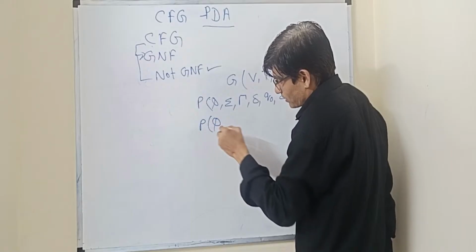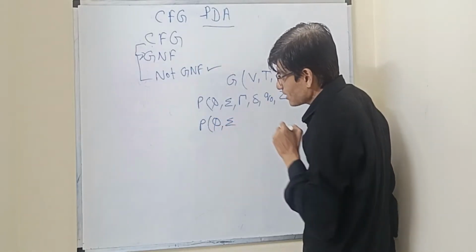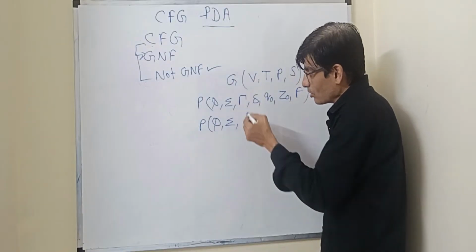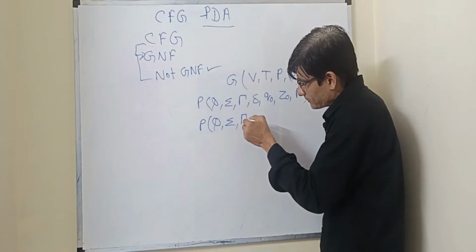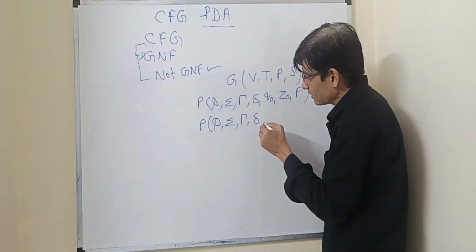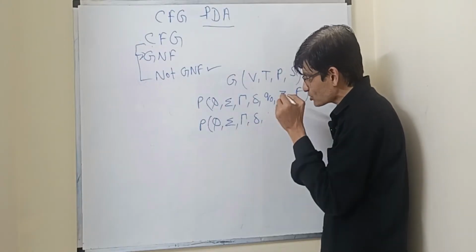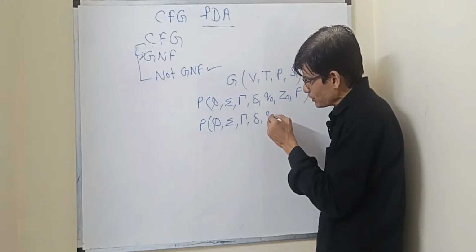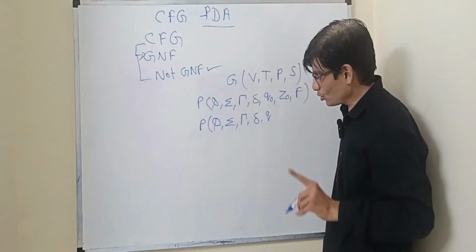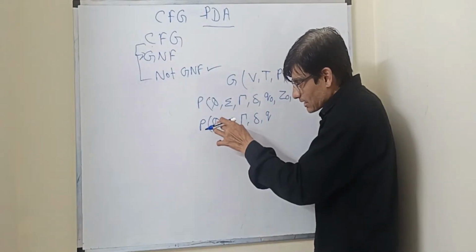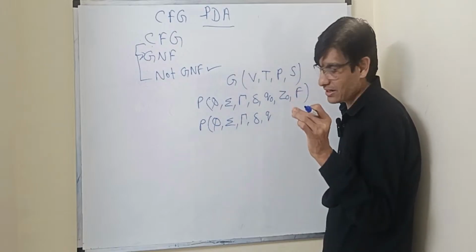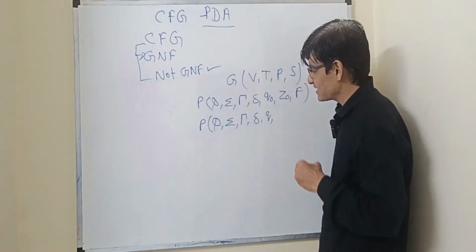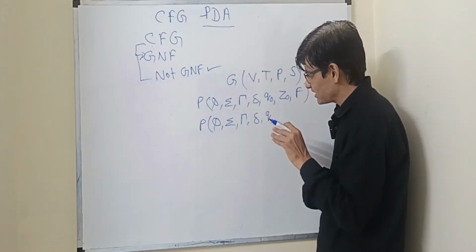Tuples of PDA would be Q, sigma, gamma, delta, Q0. In place of Q0, we will use only one state, Q. This capital Q will have only one state, which is Q, so it would be the initial state only.